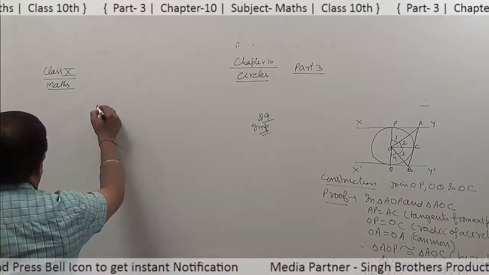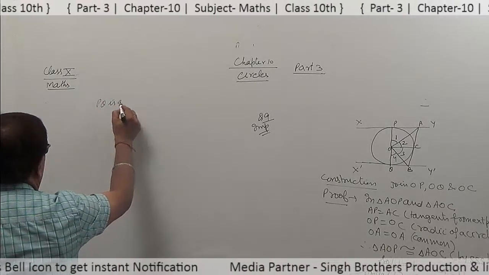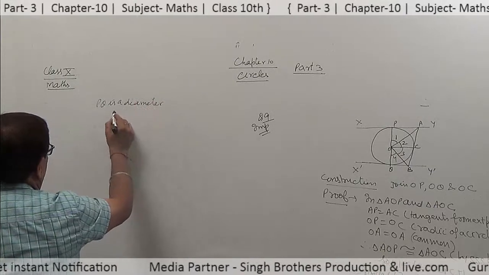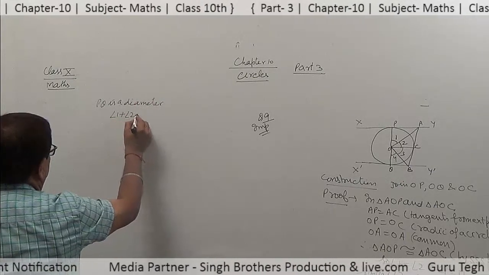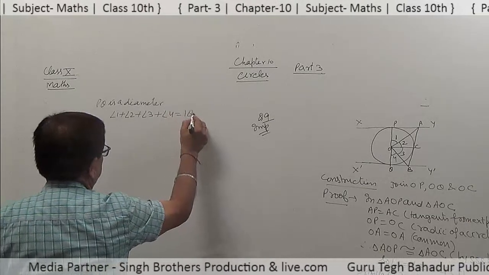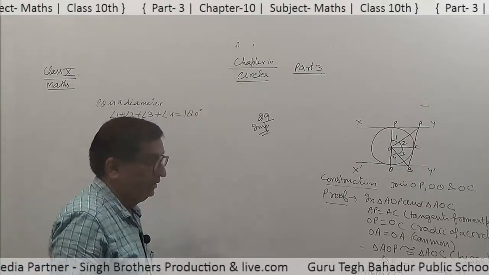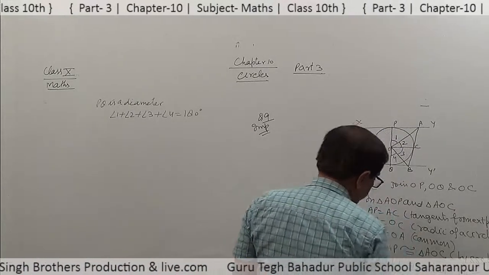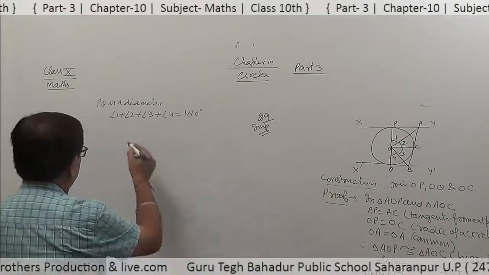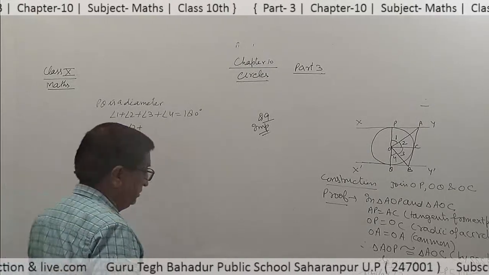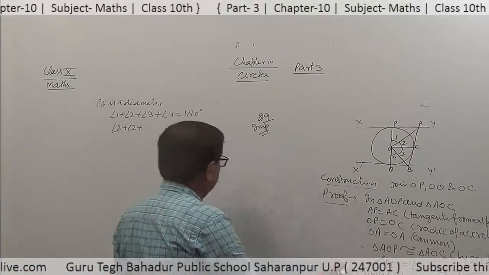PQ is a diameter, so angle 1 plus 2 plus 3 plus 4 is equal to 180 degree. In place of angle 1, write angle 2. In place of 4, write angle 3.